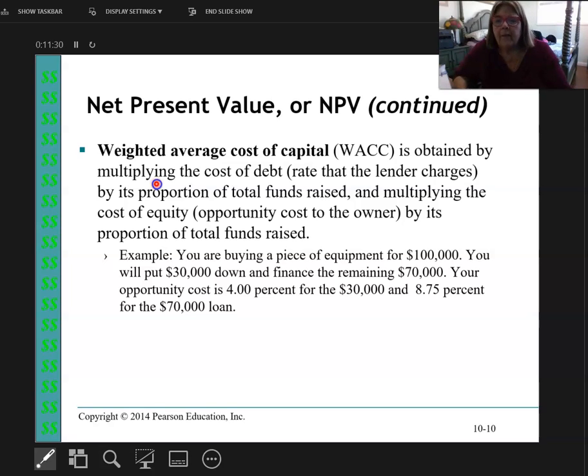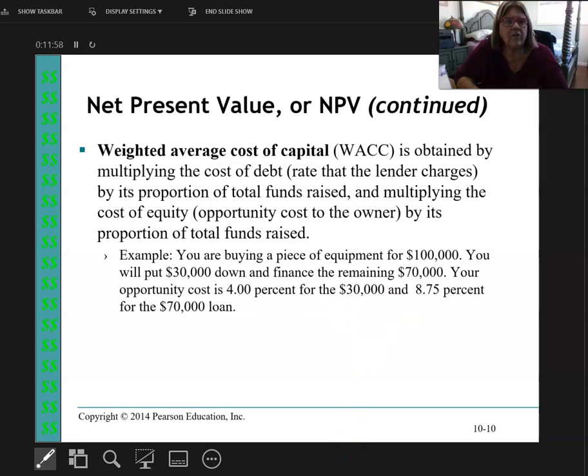I am. Okay, so you're buying a piece of equipment for $100,000. You're going to put $30,000 down and finance the remaining $70,000. Your opportunity cost is 4% for the $30,000. What that means is if I didn't put this money down, I could put it in the bank and get 4%. And 8.75% for the loan itself. That's my opportunity cost.